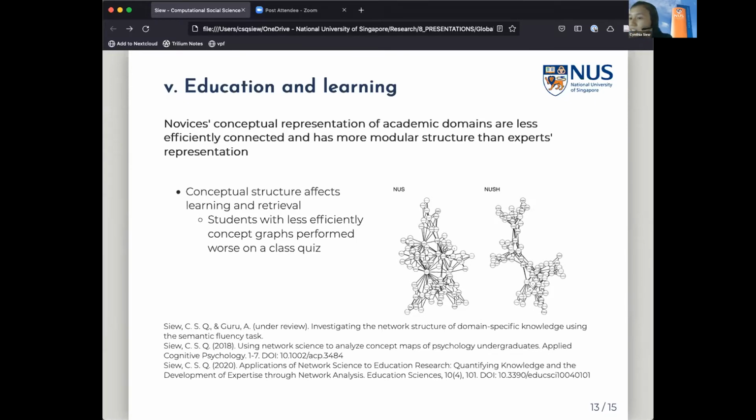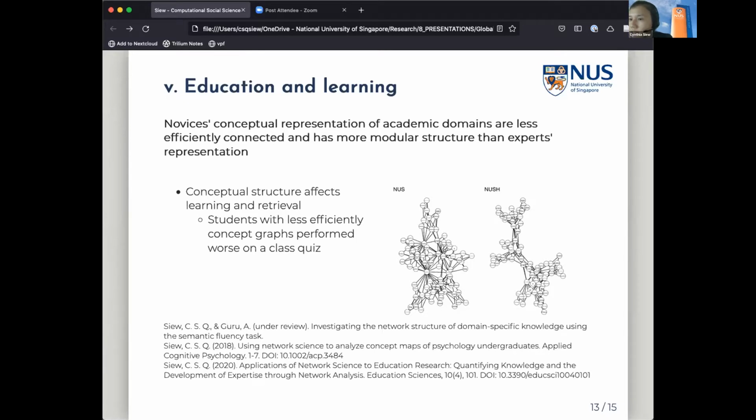And what we find, if you look at the figure on the right, is that NUS is the NUS graduates, and NUSH is NUS high school students. The high school students are the novices here because they have no prior experience with the topic of psychology, which is what these networks are representing.